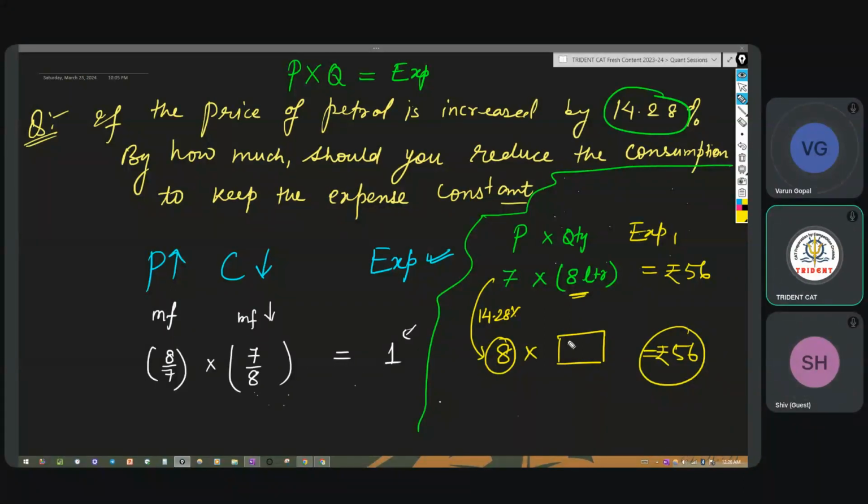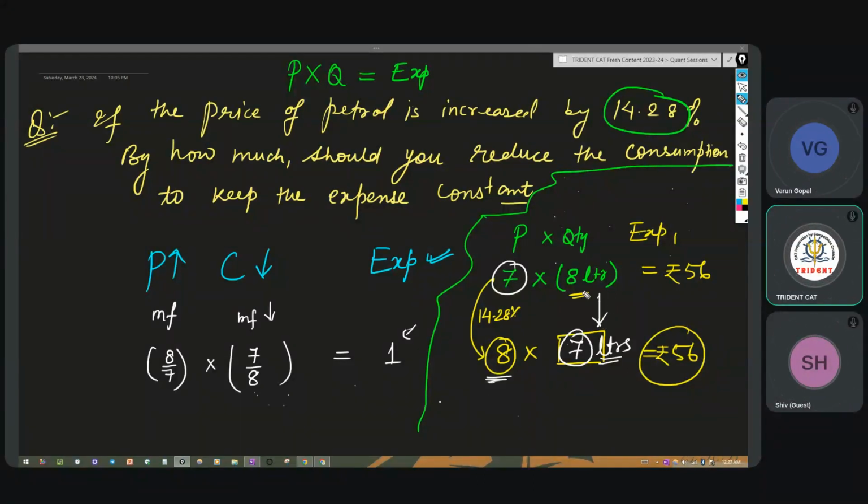Shiv, just look at the numbers. I just need to put a number so that I get 56. So 7. This is 7 liters. This was 7 rupees per liter, this is the price, this is the quantity.